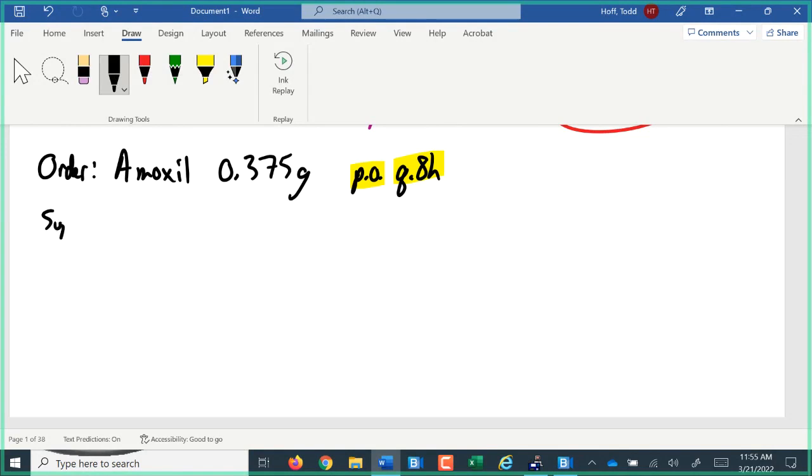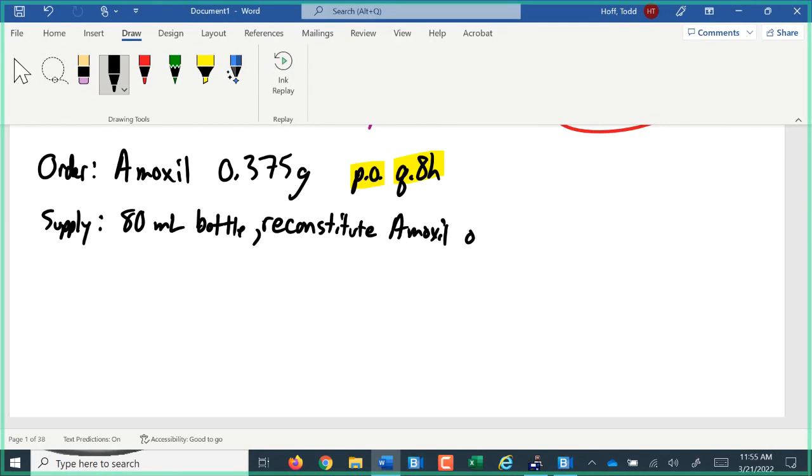Supply: 50 milliliter bottle, labeled reconstitute Ceclor oral suspension, 125 milligrams in 6 milliliters.